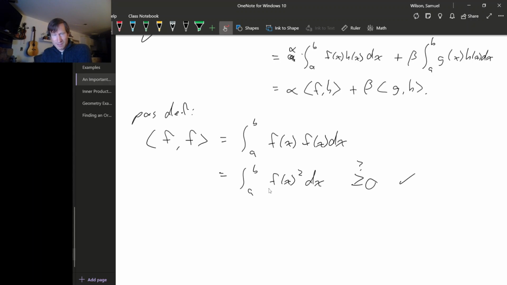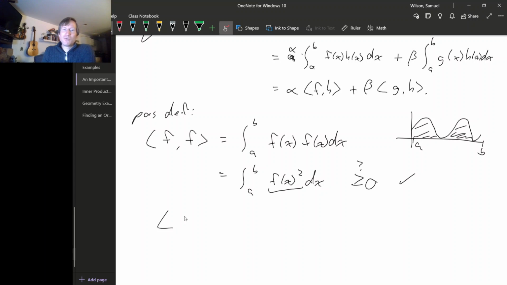Yeah, because it's squared, this integrand is always greater than or equal to 0. And so when you integrate, the result is going to be greater than or equal to 0, right? Just think of it in terms of a graph. If you have a function that never dips below the x-axis between a and b, when you calculate the integral over this interval, you're only ever going to pick up positive area. You never pick up negative area, and so this integral has to be greater than or equal to 0.